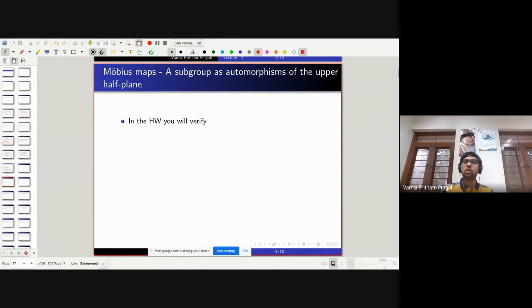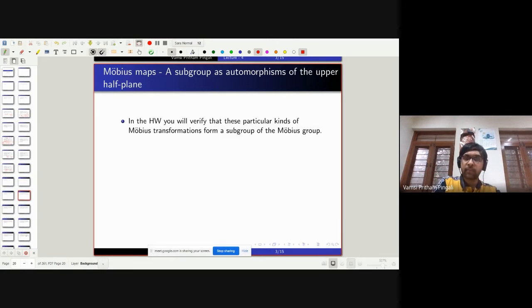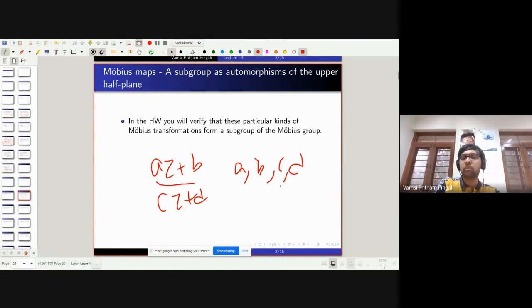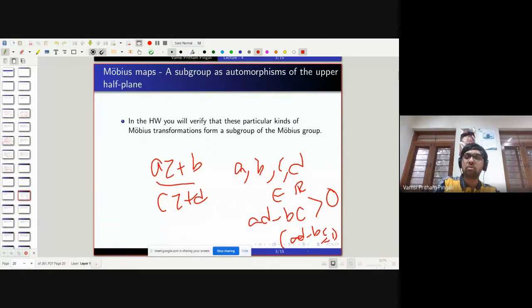In the homework, you will verify that these particular kinds of Mobius transformations form a subgroup of the Mobius group. What that means is, if you take maps of this type where A, B, C, and D are real, and AD minus BC is, say, positive, you can scale them so that AD minus BC becomes 1.